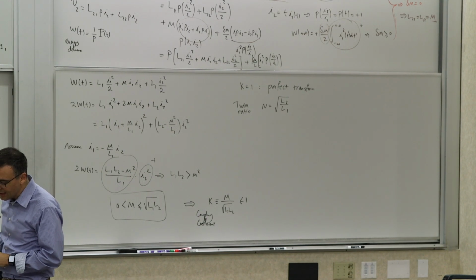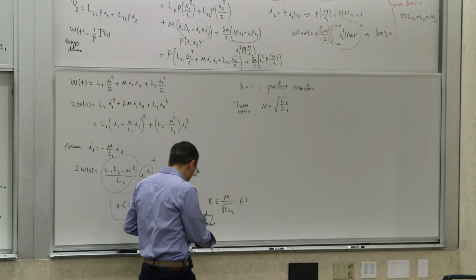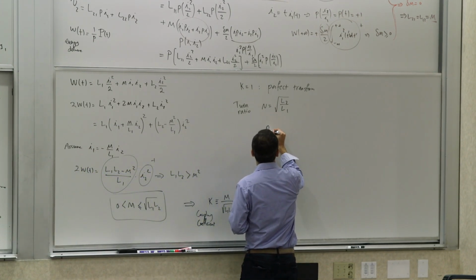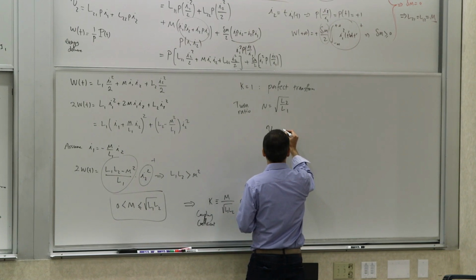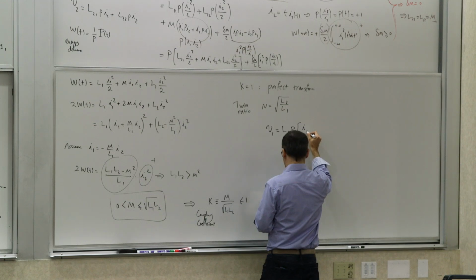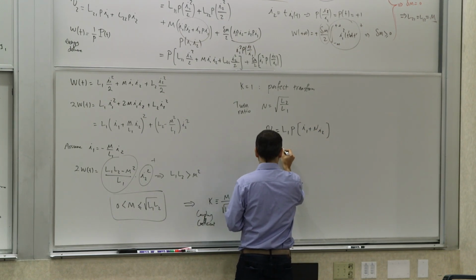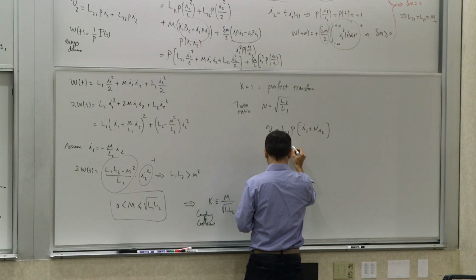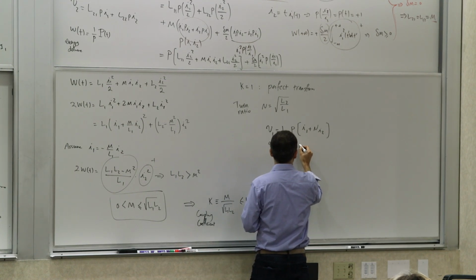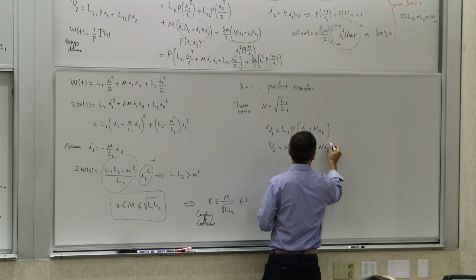The relationships you get are essentially going to be V1 and V2 are related through L1p, I1 plus nI2. And V2 becomes essentially n times L1p times I1 plus nI2.